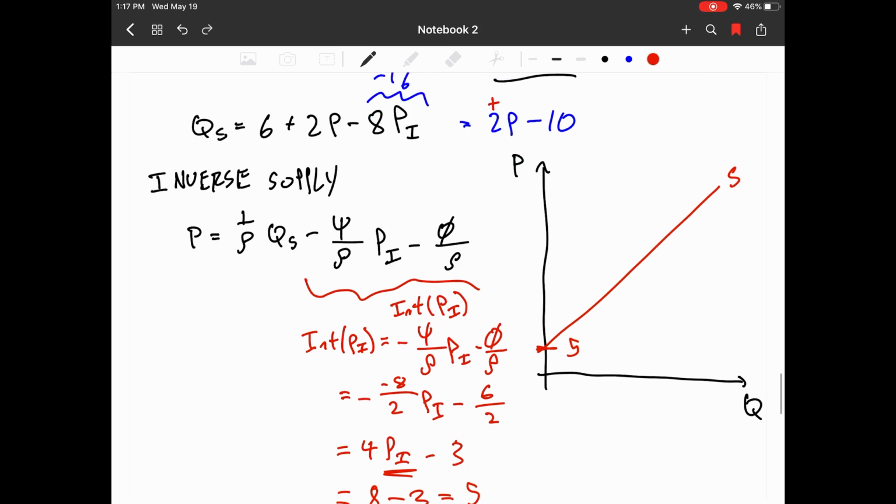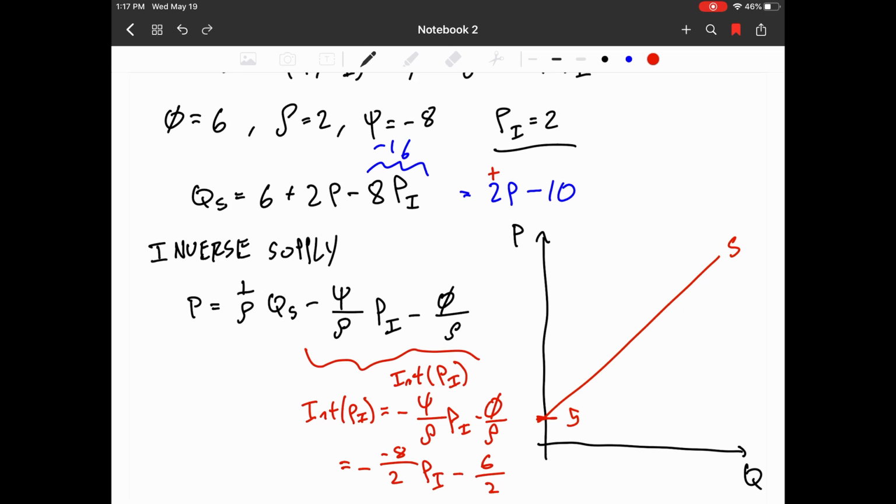And just to verify for yourself that this is in fact correct, we can use the relationship here from the demand curve that we've already solved out, QS, and solve for the inverse, for the demand curve, which is price is equal to 1/2 QS plus 5. So this is our intercept.